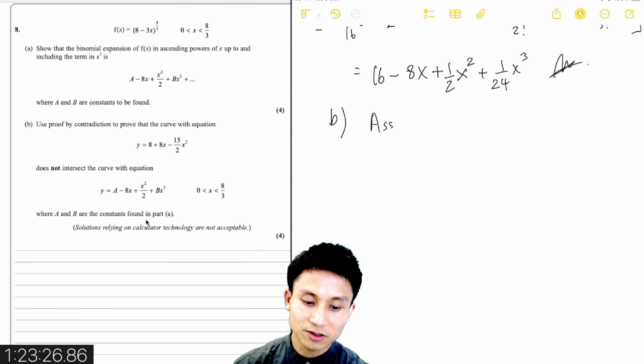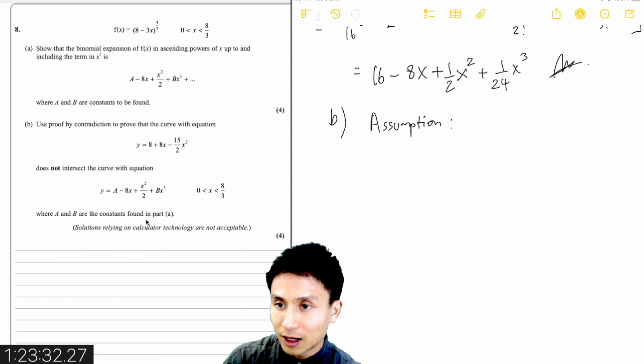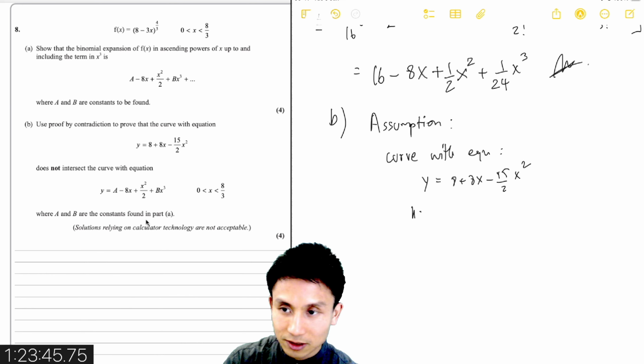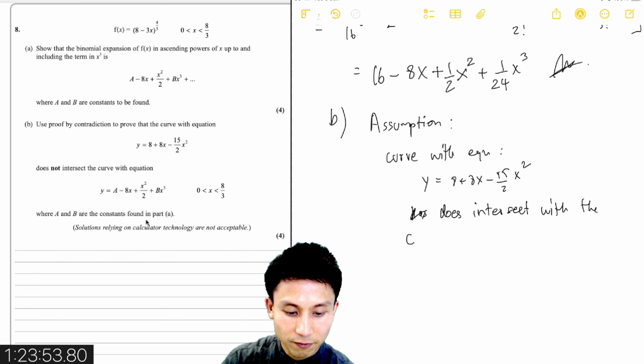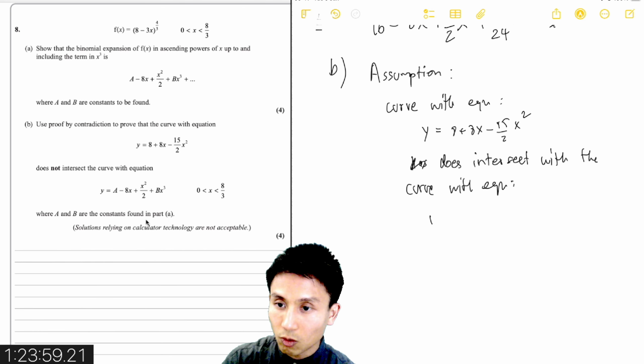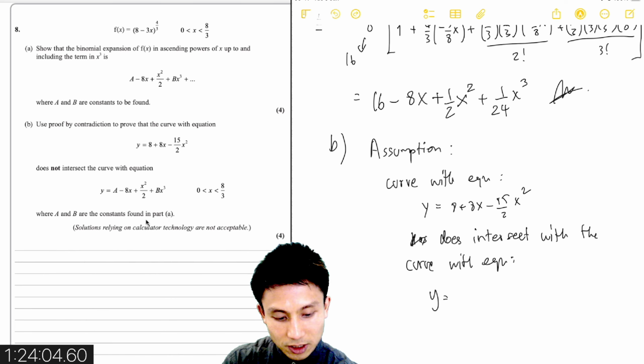So we need to assume, right, the assumption that the curve with equation y equals 8 plus 8x minus 15 over 2x squared does intersect, it's just the opposite, with the curve with equation y equals a. Yeah, okay, we gotta do our equation here now.